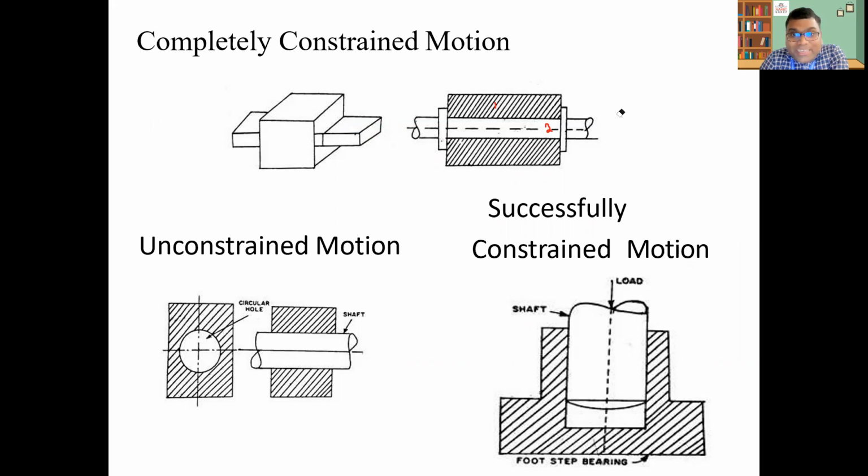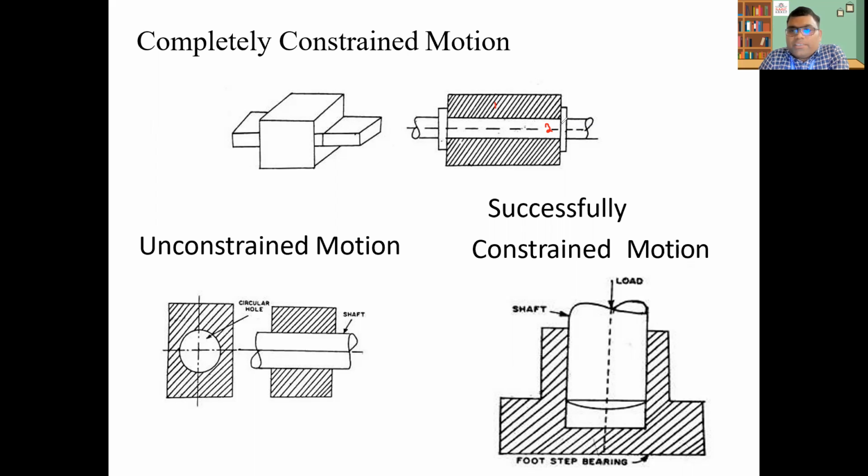Let's see the next example. Here a collar is provided at the end of element 1, and here also.